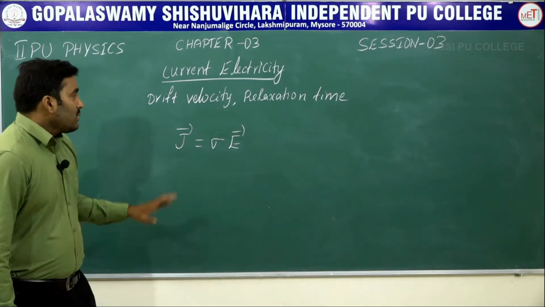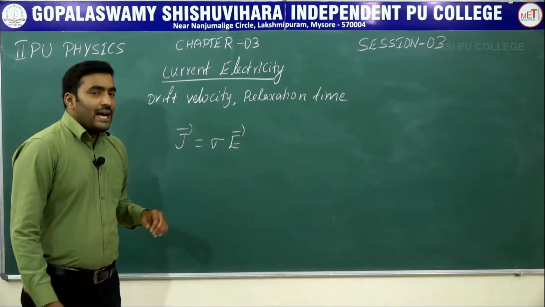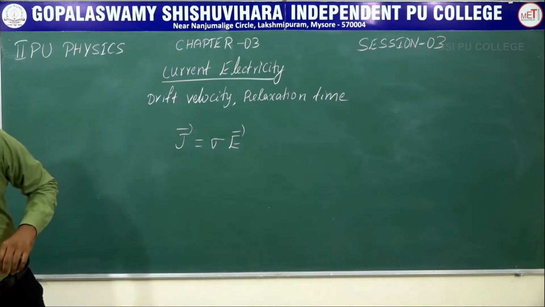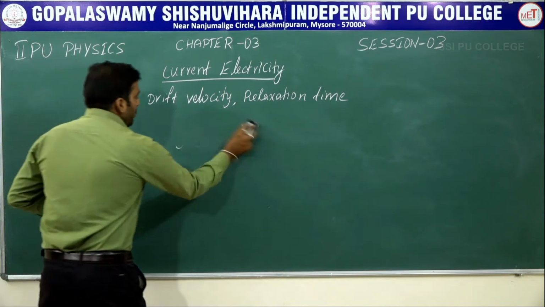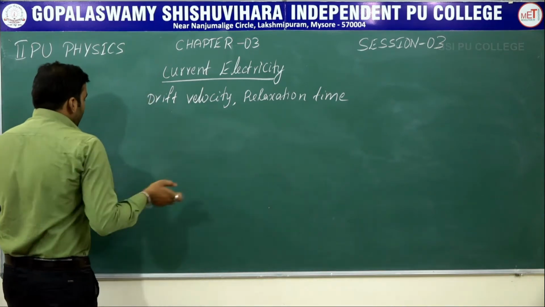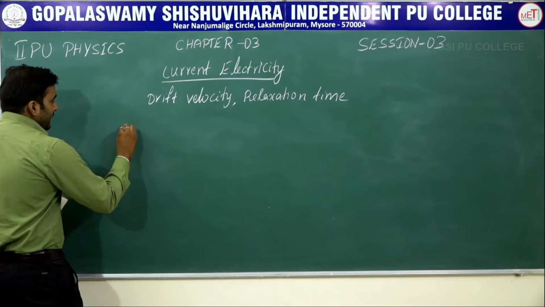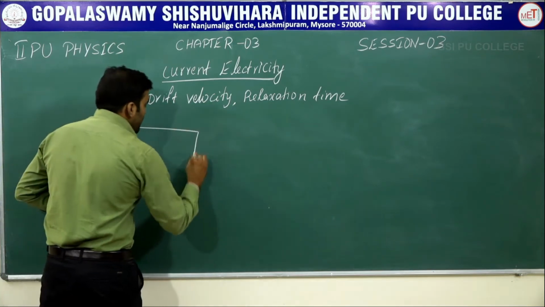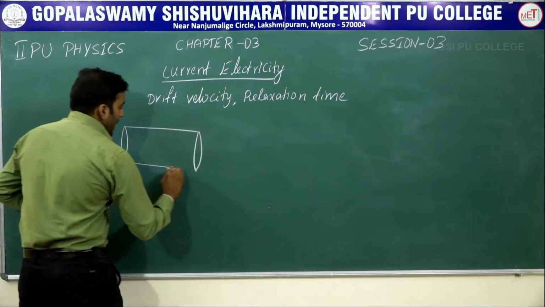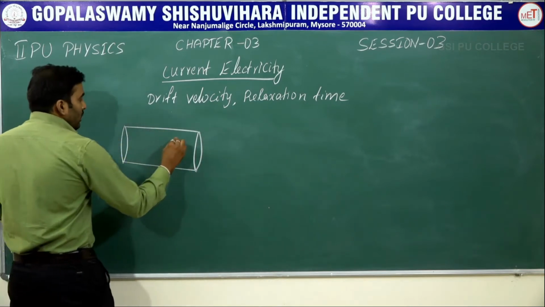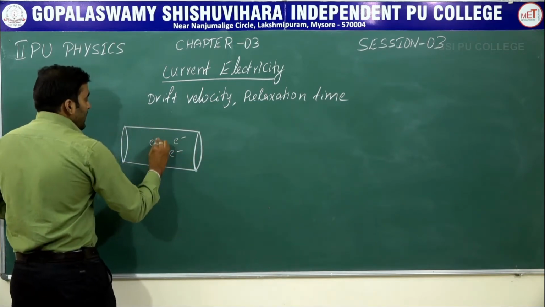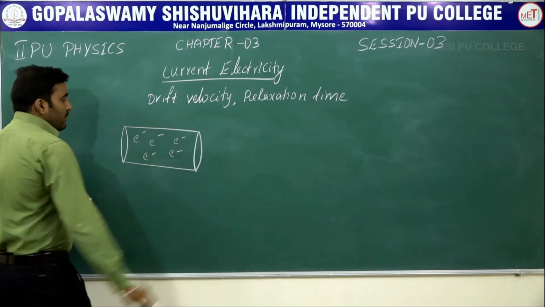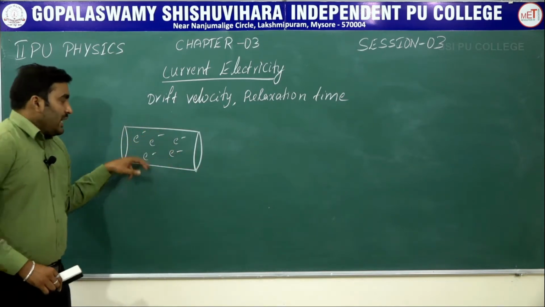Now in today's class let us learn about the drift velocity and relaxation time. First of all let me consider a conductor. This is a conductor having a circular cross section, and there are many free electrons in it.